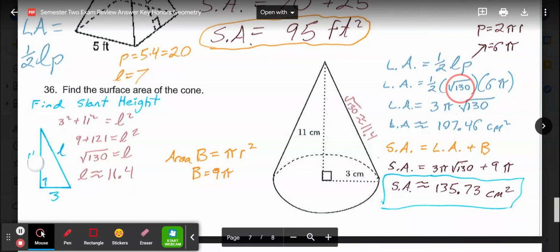So our lateral area is 6 pi times 1/2 times the square root of 130, which is 3 times pi times the square root of 130, or 107.46. So 3 pi square roots of 130 plus 9 pi, or approximately 135.73.